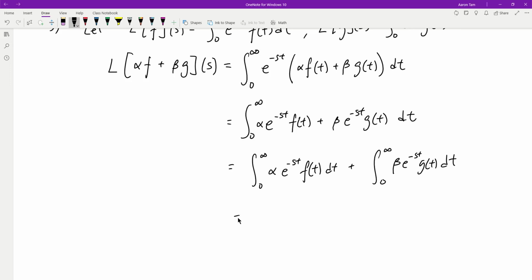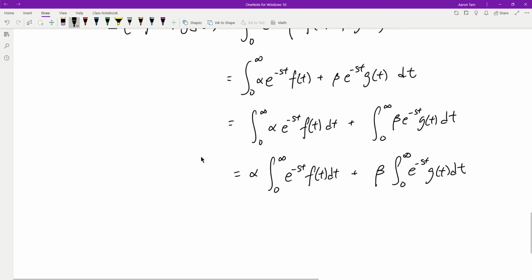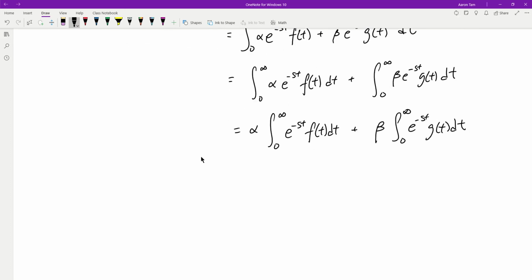And then pull out the constants. And then notice, we now end up with two improper integrals that represent the Laplace transforms of the two functions.